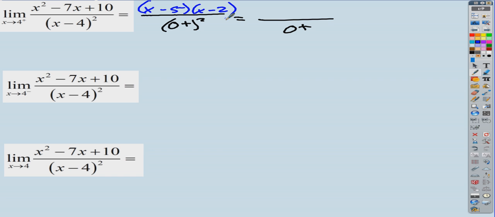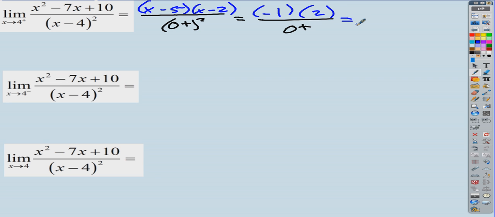Here's why it makes things easier: if I can get the top factored, it's much easier for us to determine what the sign is. When x approaches 4 from the right, what signs am I getting? The bottom is positive. What's going to be the sign of that factor? Negative. I get x minus 5 as negative 1, and here I get positive 2.